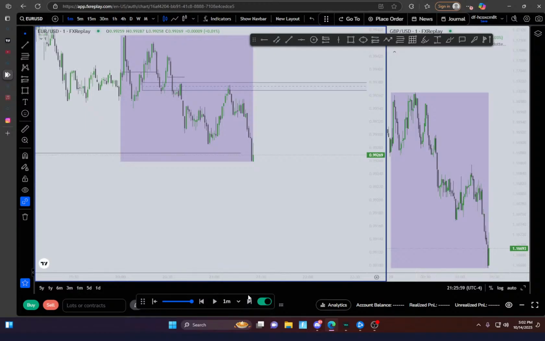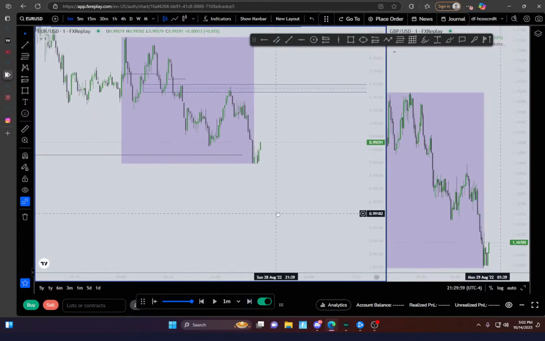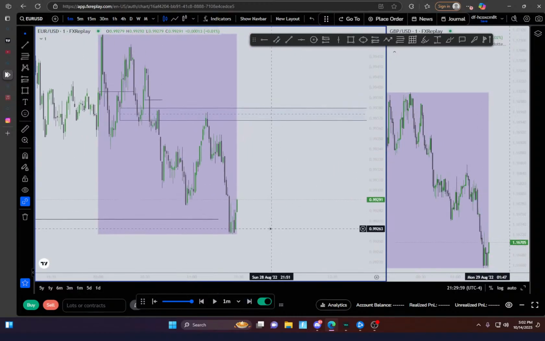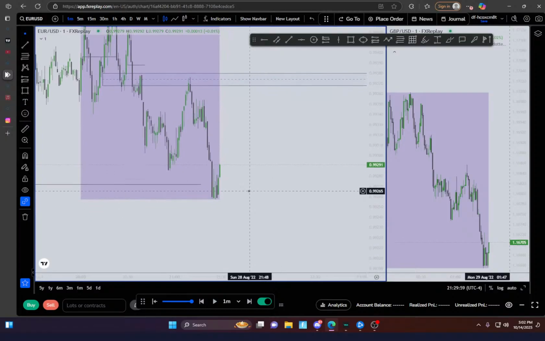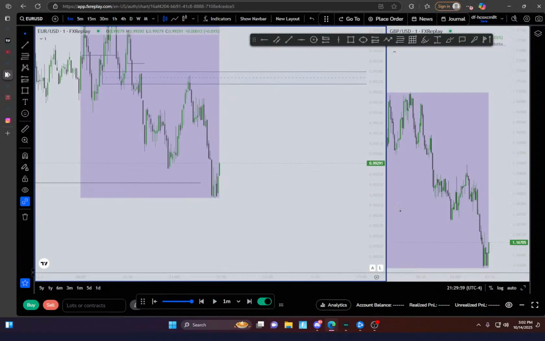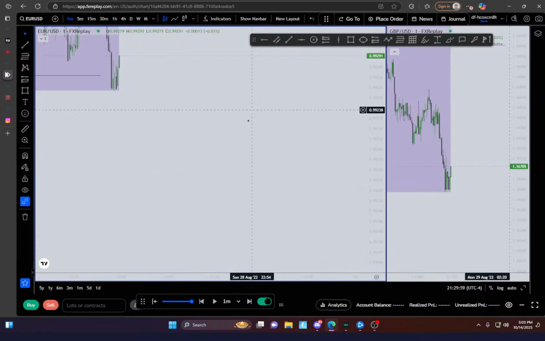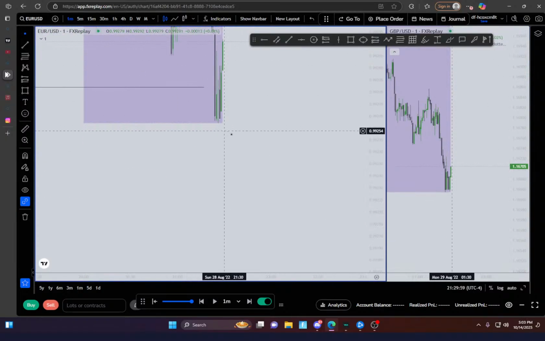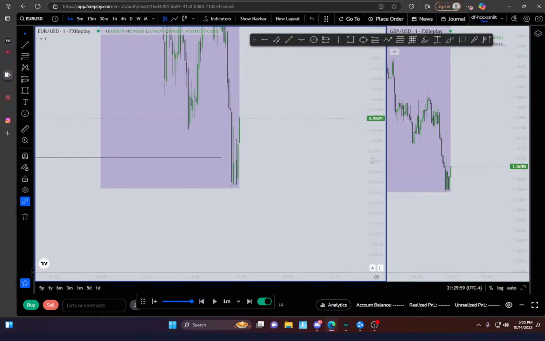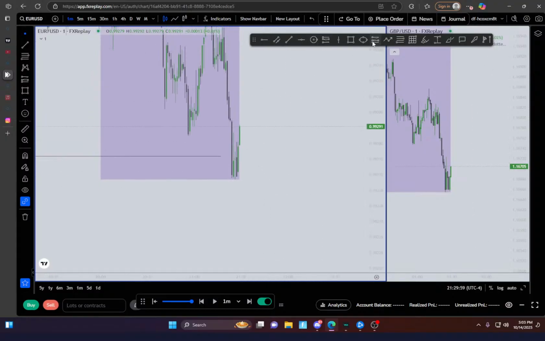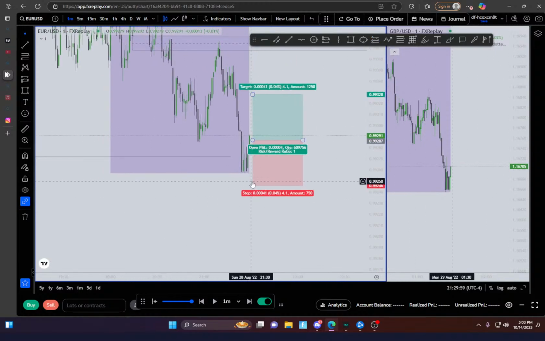Take this lit point. Pricing up there, taking out the low. Market structure shift. SMT. SMT at the low. Yep, this is looking like a very much valid entry. That's sufficient price action.